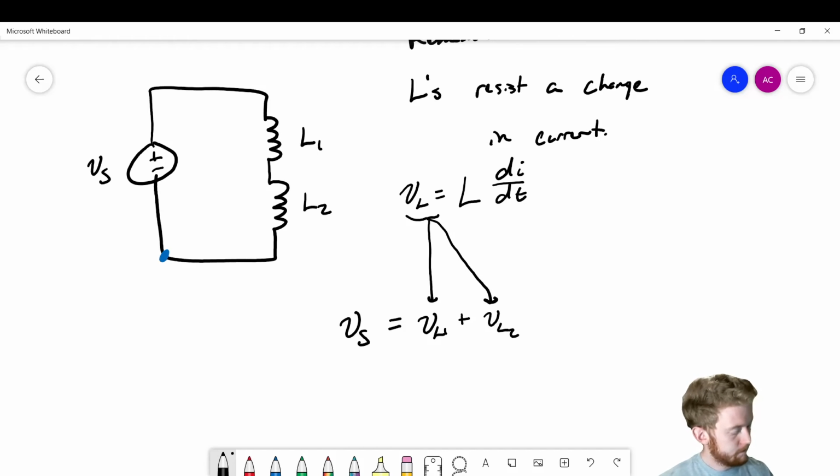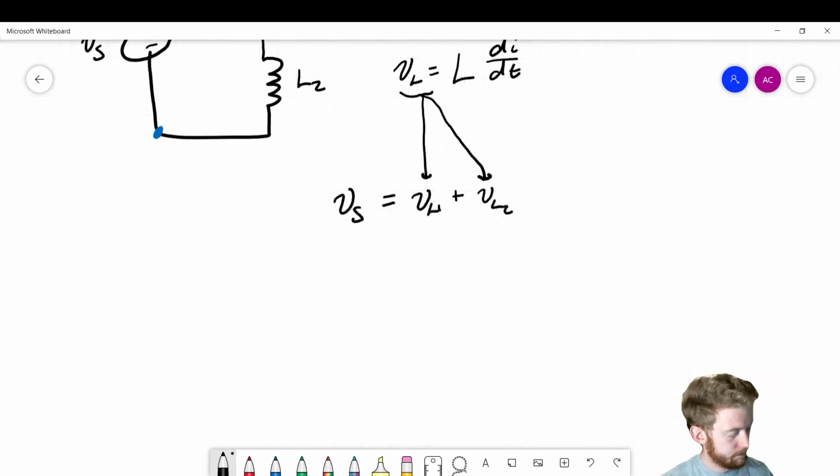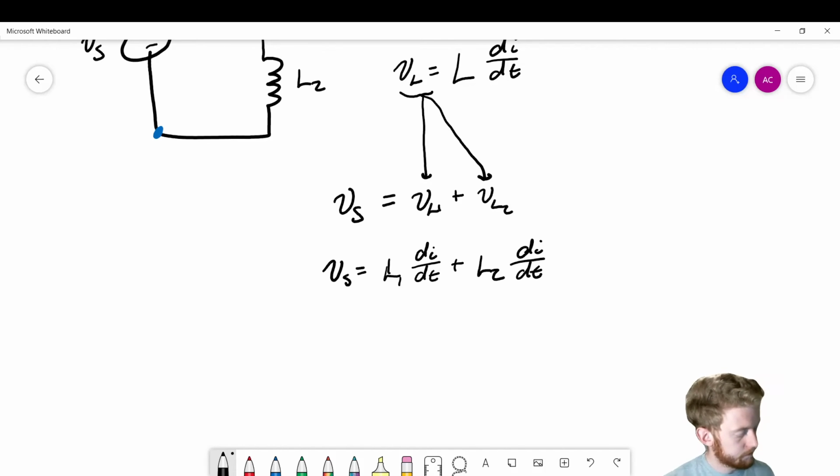So now let's plug this formula in for both VLs. Okay? So Vs is equal to L1 di/dt plus L2 di/dt. Okay? Now we can factor out that di/dt, and we can say Vs is equal to (L1 plus L2) di/dt.